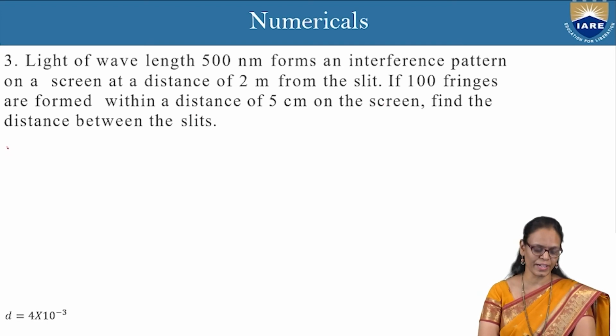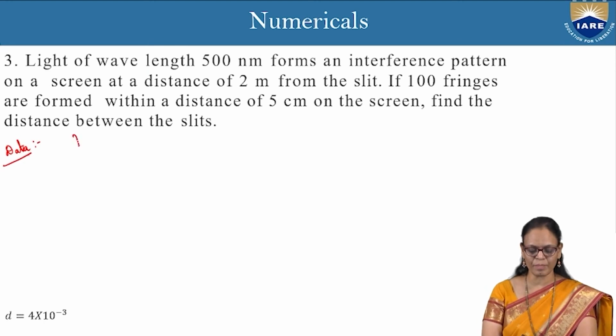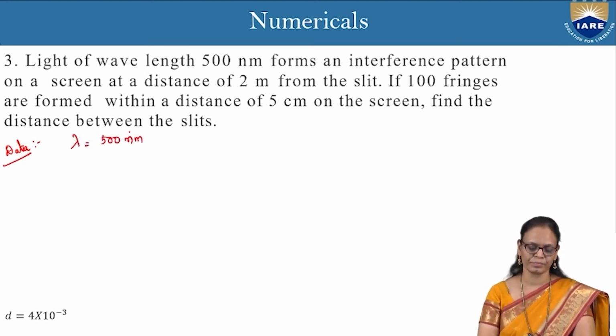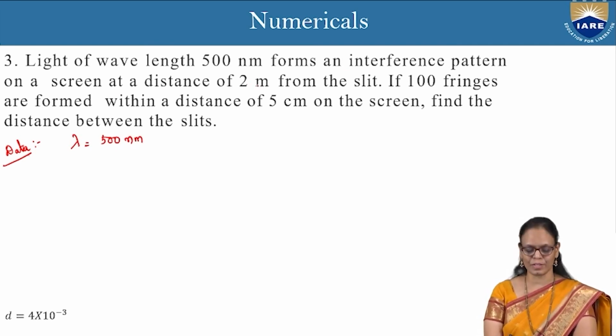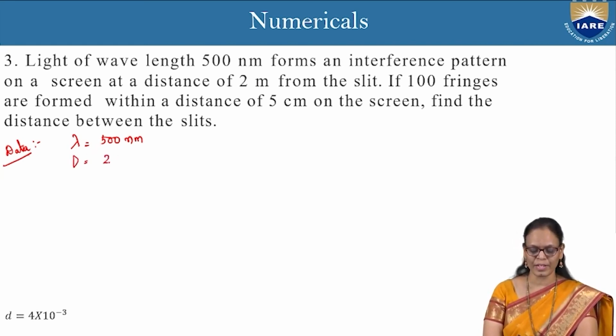So let us write the data. Wavelength is given, lambda is 500 nanometer. The screen is kept at a distance of 2 meters. So capital D, the distance between the slit and the screen, is 2 meters.